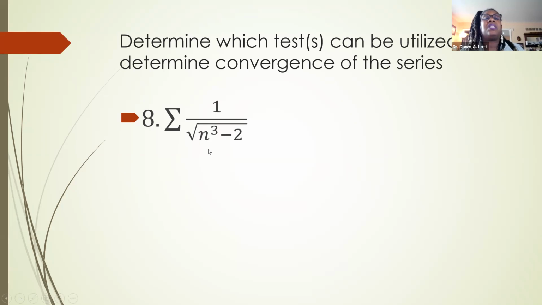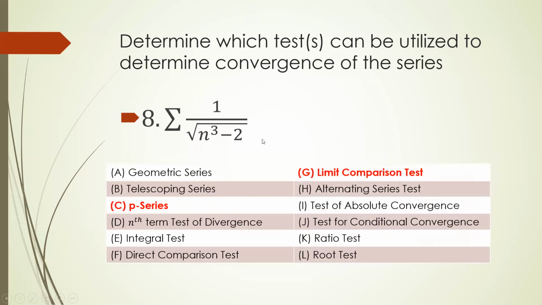So this looks like a P series with P equal to 3/2. So I would use the limit comparison test to the P series, 1 over n to the 3/2. Is that going to converge or diverge? It's going to converge because P is greater than 1.